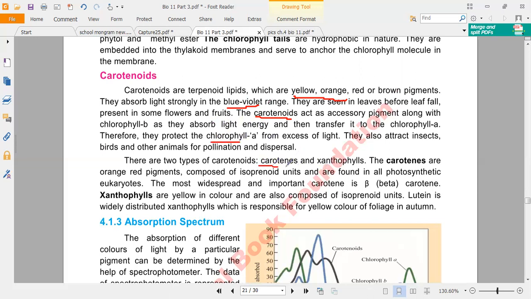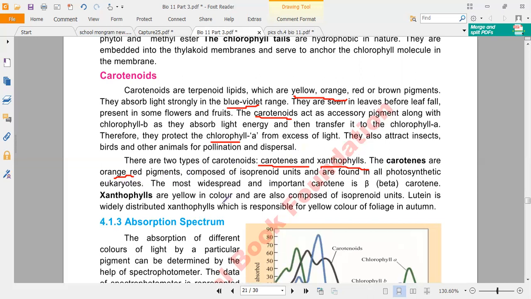Carotenoids are of two types, carotenes and xanthophylls. Carotenes are orange-red pigments, present in photosynthetic eukaryotes, like the fruits and vegetables which are red and orange in color, because they reflect these colors.